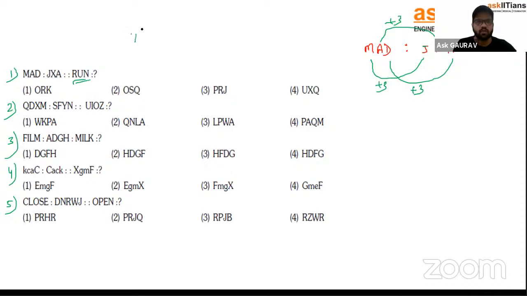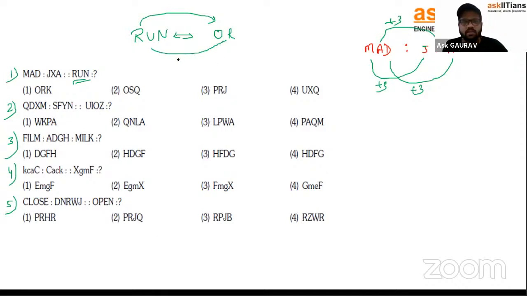Now, RUN. R minus 3 will be what? O, P, Q, R. Yes, O. Then U minus 3: R, S, T, U, so R is there.